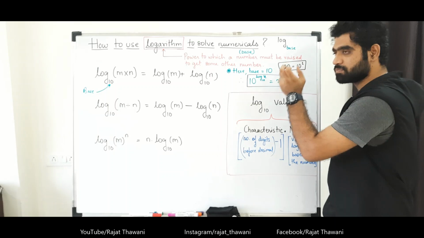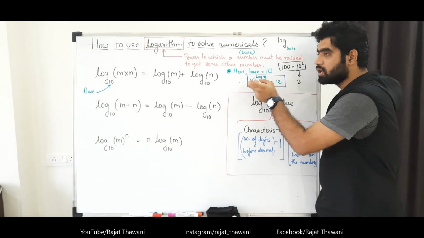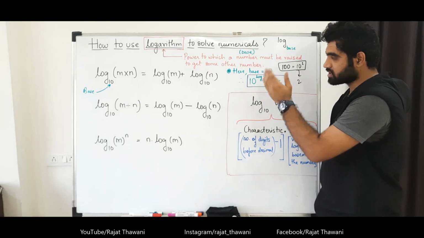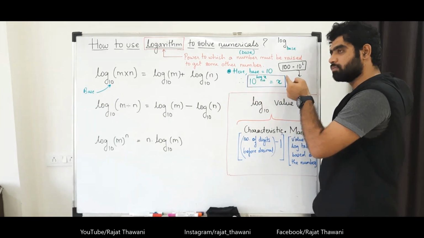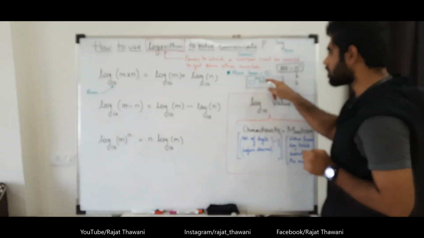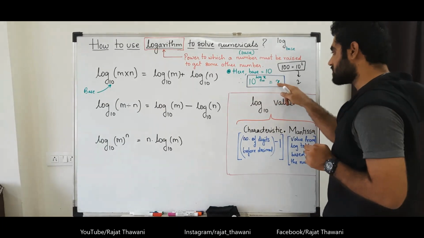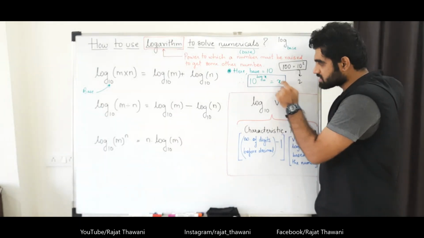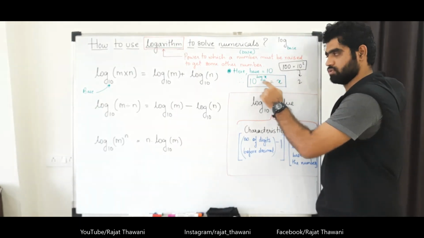Logarithm is the specific number to which the base of that logarithm should be raised to get that particular number. You can see 10 raised to log of x to the base 10 is equal to x. It means if I take log of x, it will be this value.